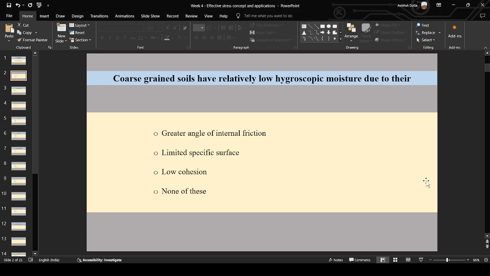I repeat the question once. Coarse grained soils have relatively low hygroscopic moisture due to their, the options are greater angle of internal friction, limited specific surface, low cohesion, or none of these.